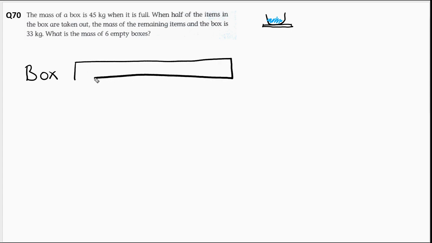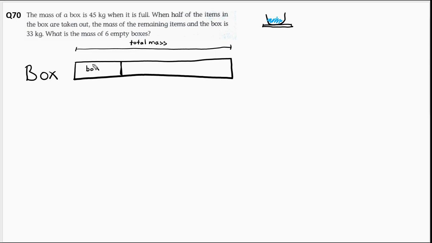Here's our bar. And we've noticed that they are thinking about the mass of the box itself and the contents as separate parts of the total mass. So this is the total mass. But let's say we're going to draw a line here, and this is the box itself.